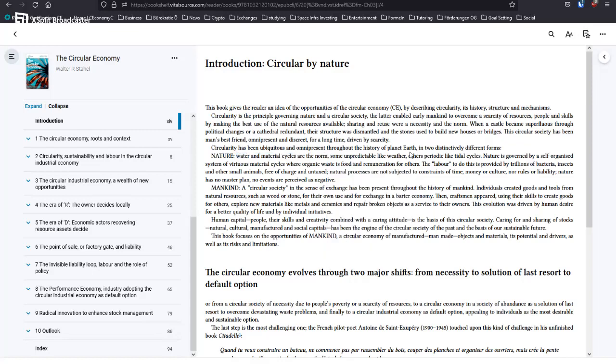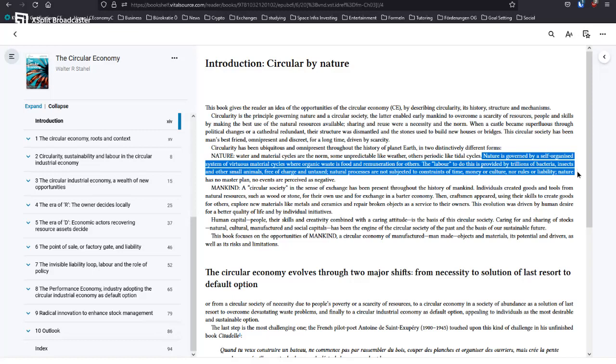They are found in periodic cycles like tides, waves, etc. Nature is governed by a self-organized system of virtuous material cycles where organic waste is food and remuneration for others. The labor to do this is provided by trillions of bacteria, insects, and other small animals, free of charge and untaxed.